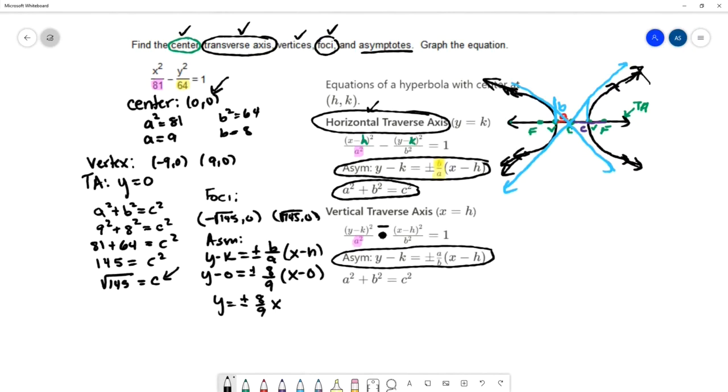Okay, it does want us to graph the equation. We have our center at (0, 0). If I go 9 to the left, that's going to get to a vertex, 9 to the right, another vertex. I'm going to count up by 8.